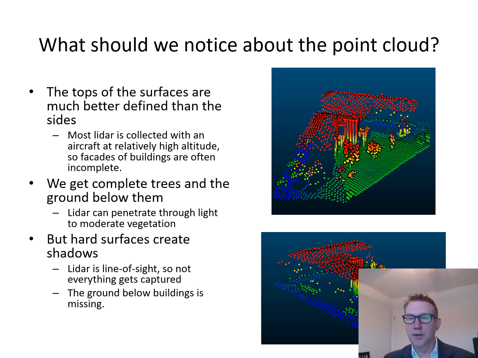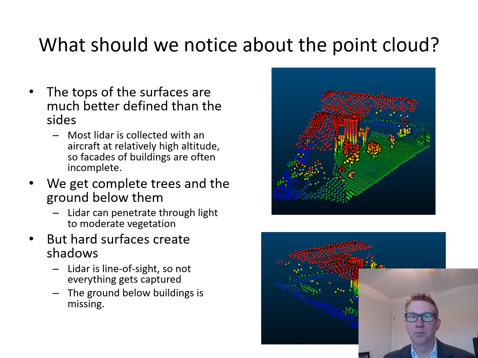Another thing you might notice is that the trees show up as, I wouldn't say complete, but you can really make out the shape of trees. What's happening here is LiDAR can actually penetrate through a little bit of vegetation. When it hits the tree branches, some of that beam makes it through and can collect in multiple spots.